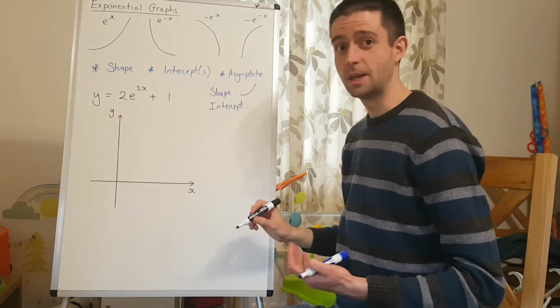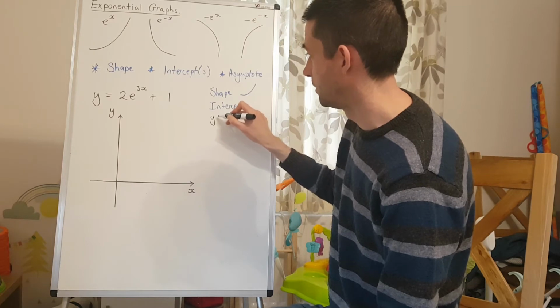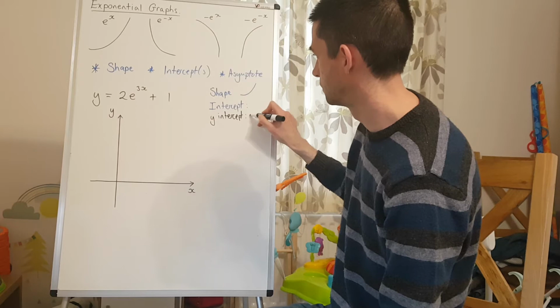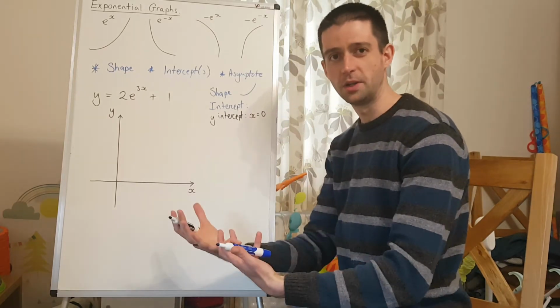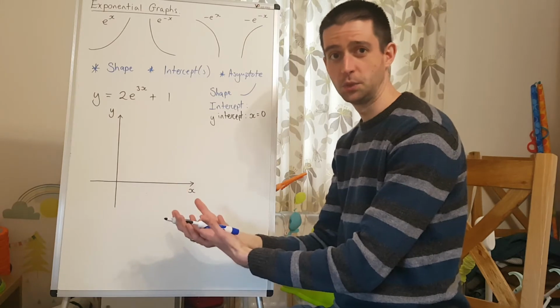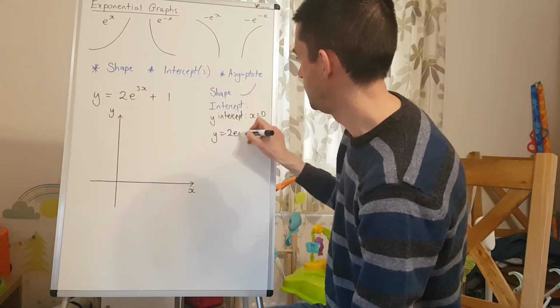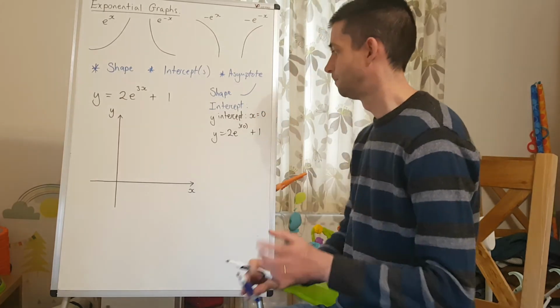To get the y-intercept, we're going to make x equal 0, which is true for any graph. If you're trying to find the y-intercept, make x equal 0. So y equals 2e to the power of 3 lots of 0 plus 1.